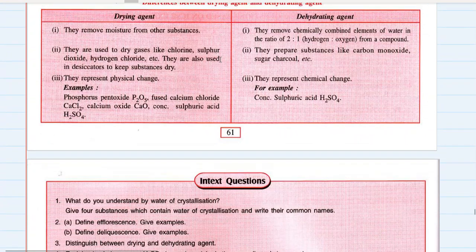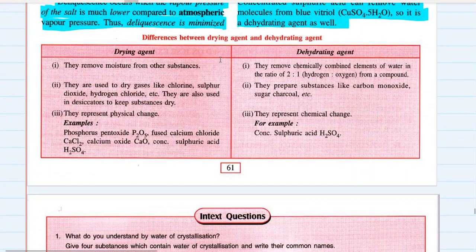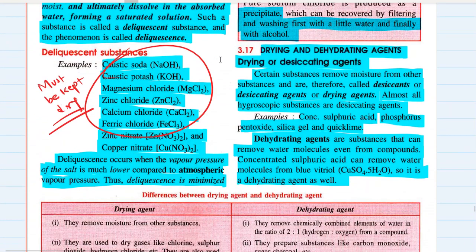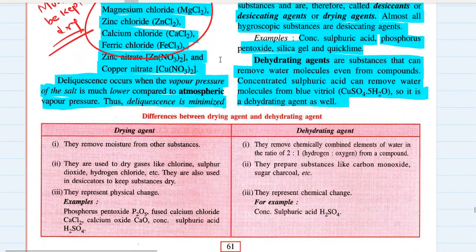They can remove chemically combined water from any compound, so they are very strong drying or dehydrating agents. All hygroscopic substances have a certain property, but concentrated sulfuric acid has this property at the maximum.